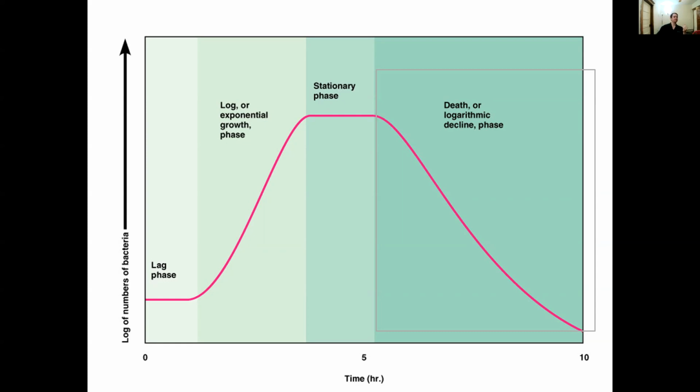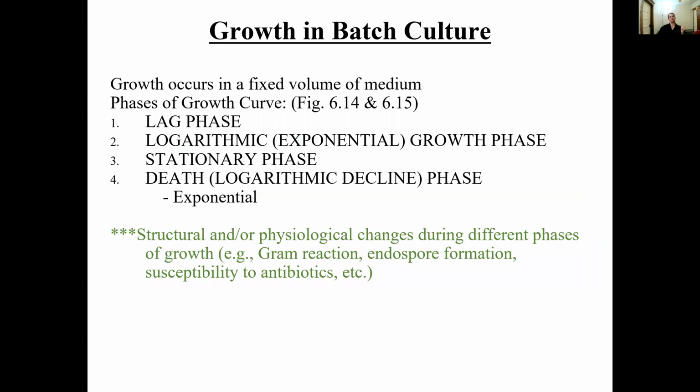So yeah, that was a quick little look at, not a quick little, but that was the look at the 4 phases of growth in bacteria. Something that I want you to keep in mind when reviewing this lecture: keep in mind the structural or physiological changes that might occur within individual cells during the growth phase, during the lag phase, during the death phase.